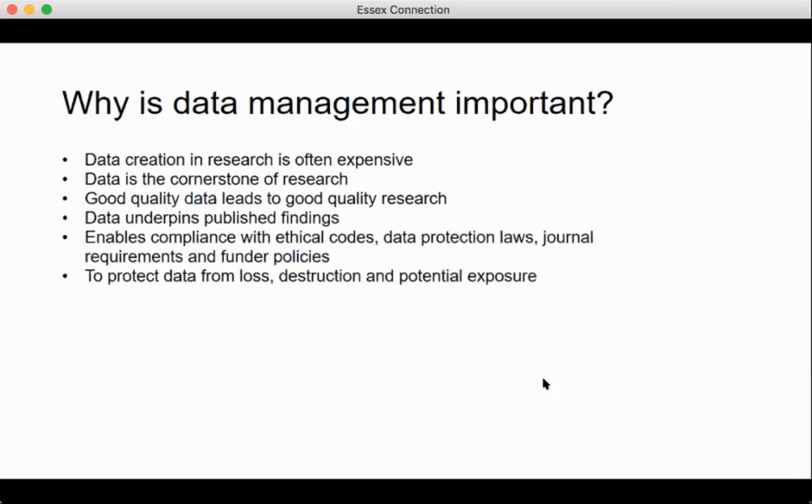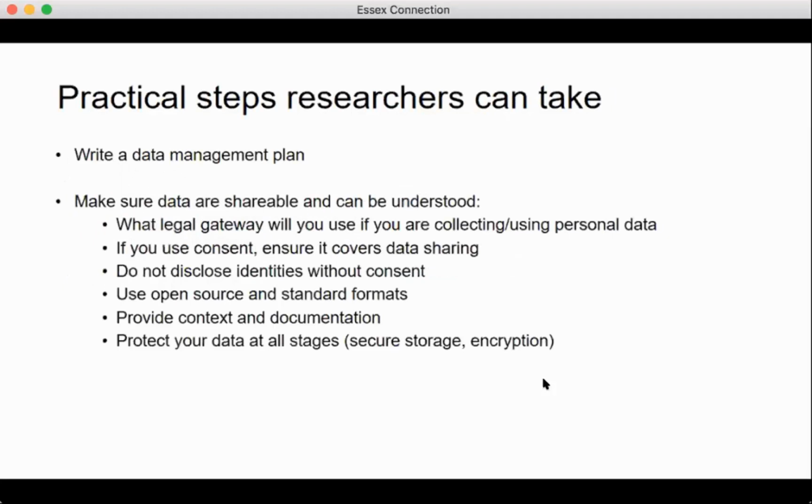Furthermore, this data underpins all our published research findings, so by ensuring that we manage our data well, it enables us to comply with ethical codes, data protection laws, journal requirements, as well as our funders' policies. It's also important here to protect what might be personal as well as other types of data from loss, destruction, and of course potential exposure.